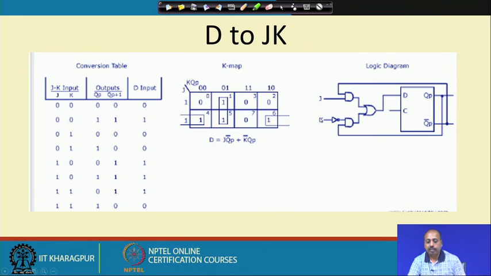So, from J and K we have to derive this function for D. Qp bar is taken and ANDed with J, and K is inverted and ANDed with Qp, and they are ORed and then put to D. So, this logic converts a D flip flop into a JK flip flop. Internally it remains a D flip flop, but we can realize a JK flip flop out of that.